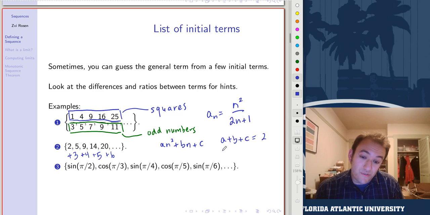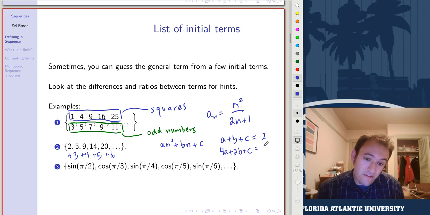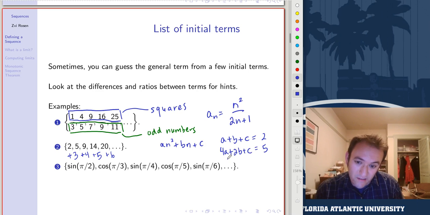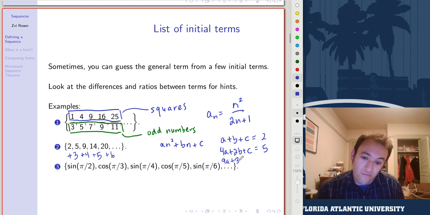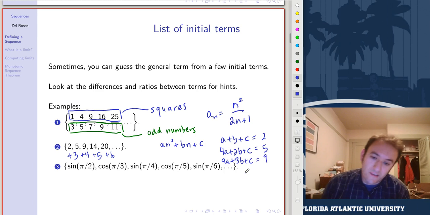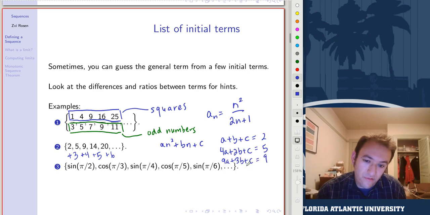When I plug in n equals 2, I get 5, so 4a plus 2b plus c equals 5. And similarly, when I plug in n equals 3, I get 9, which tells me 9a plus 3b plus c equals 9. So let's try and figure out what a, b, and c are based on this.